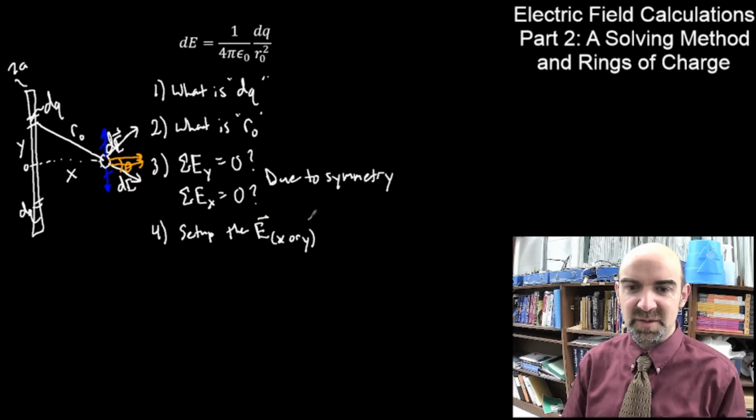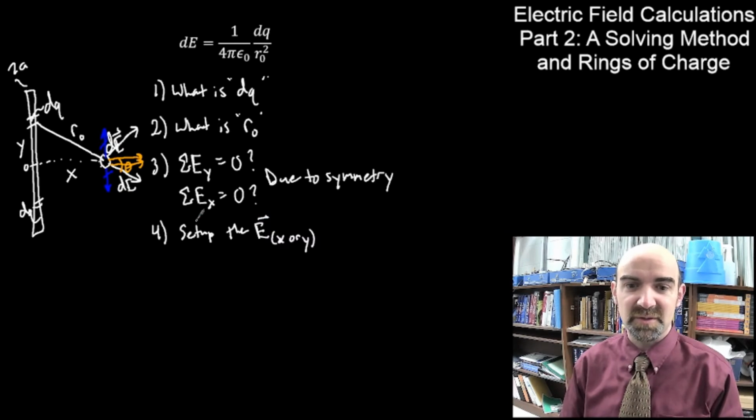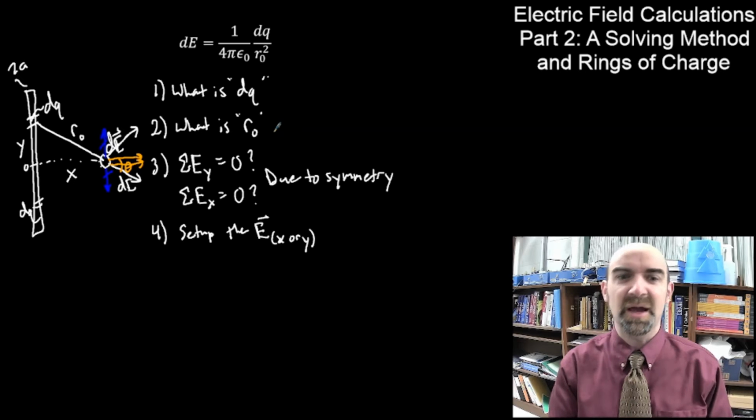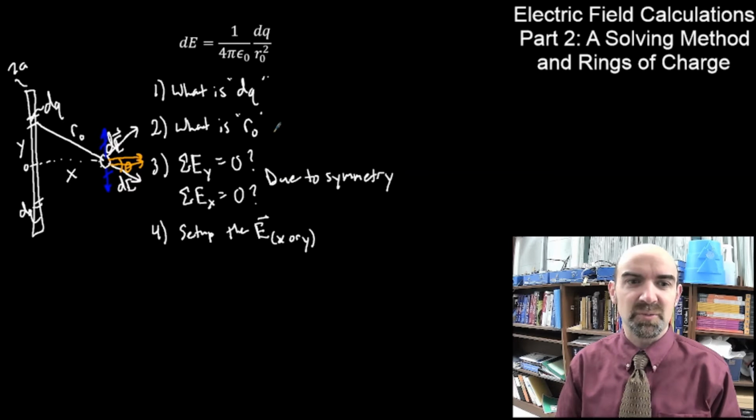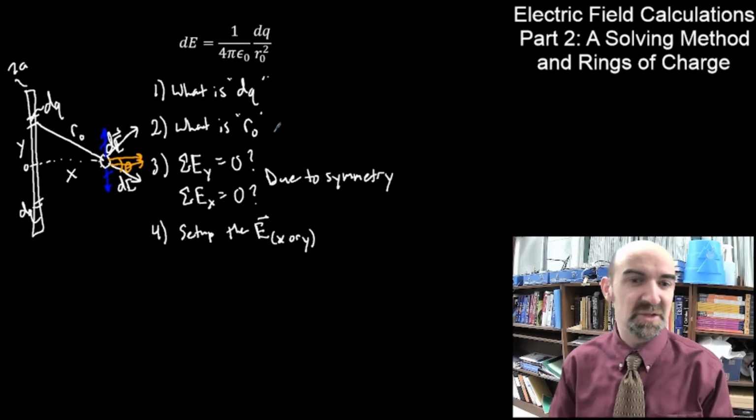So set up the equation for solving that overall electric field. That would involve rewriting this and substituting in the dq. I'll show you how this would work. I'm not going to go through the solution of the line, but this is going to feed into figuring out these rings of charge.